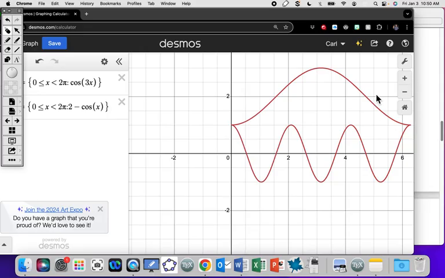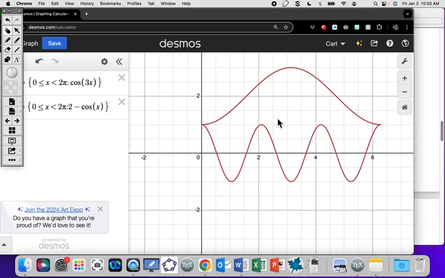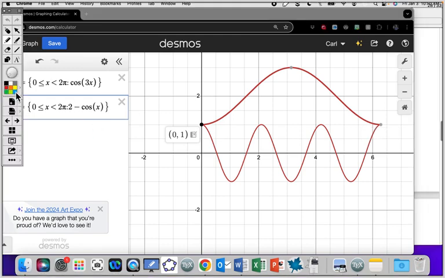That's why I love Desmos. Looks almost like a Pac-Man ghost. There's the only answer. Now it's picking up the 2 pi, but remember we're looking strictly between 0 and 2 pi. Since this is a bit of a scary problem, we had to go back to college algebra. It makes sense that it would look like one of those Pac-Man ghosts. Okay, so that'll do it for that example.